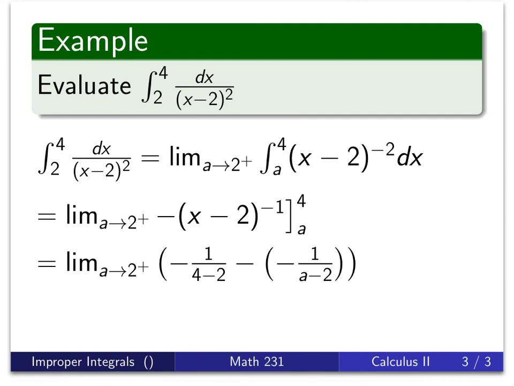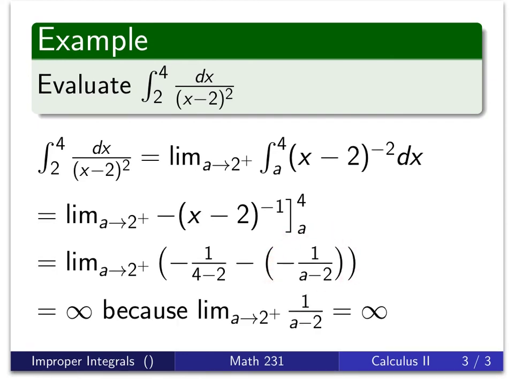Because it's approaching 0, we have an infinite limit here. Because a is approaching 2 from the right, the denominator is small and positive. Here we have 2 negatives, which would become positive. This is going to go to positive infinity. So our overall improper integral diverges, and it diverges to infinity.